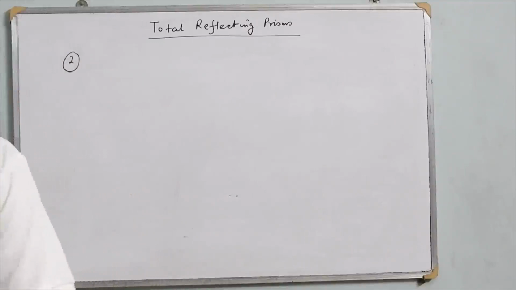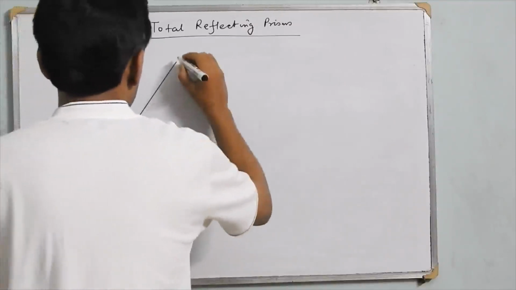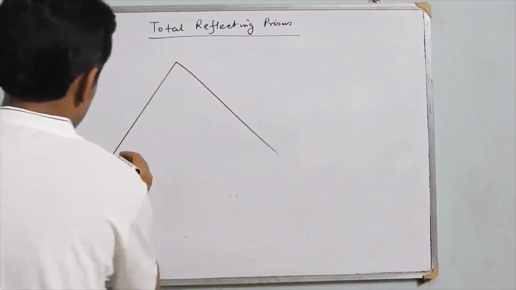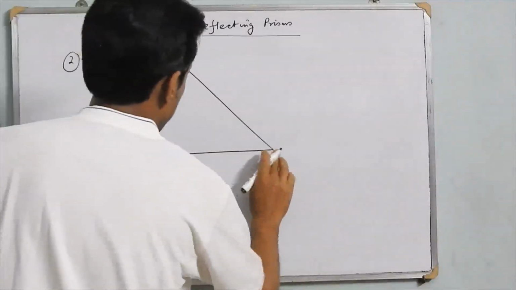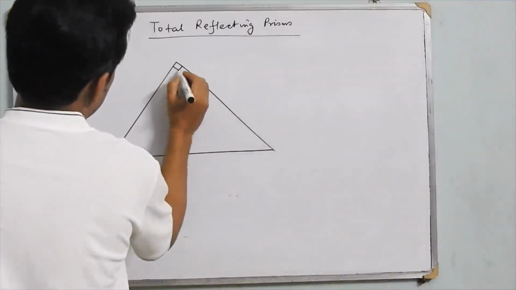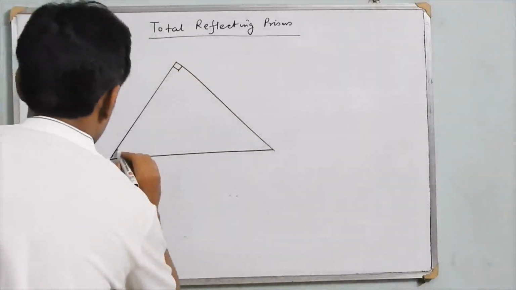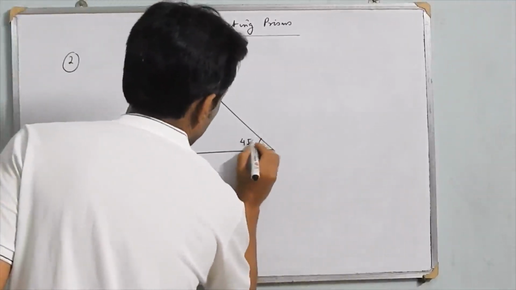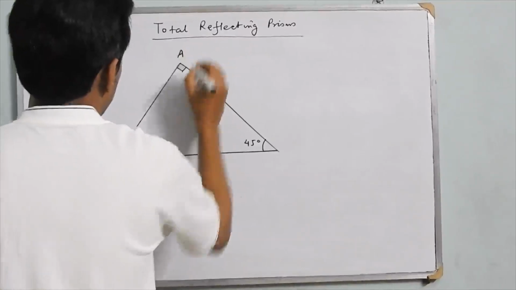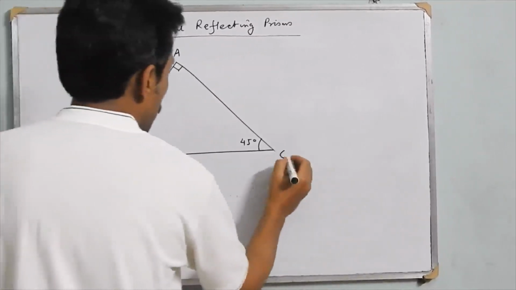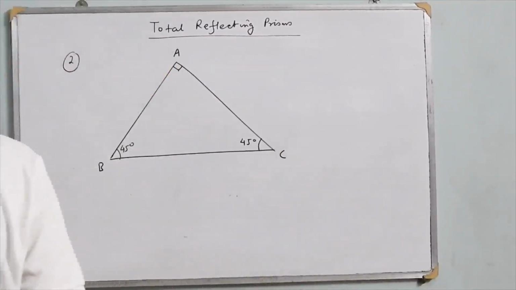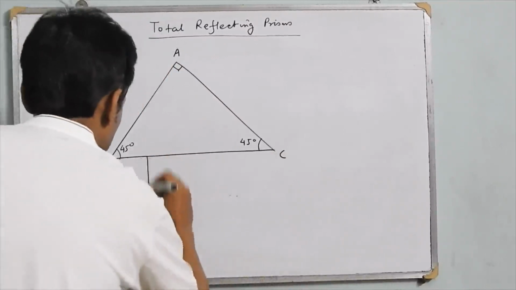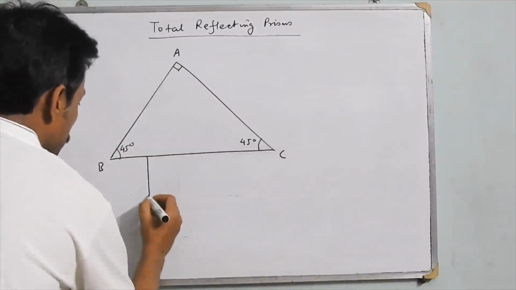So suppose this right angle isosceles prism is kept in this manner. This is 90 degree, this is 45 degree, and this is 45 degree. Suppose the prism is named as A, B, C. Suppose a ray of light is perpendicular to the surface BC.